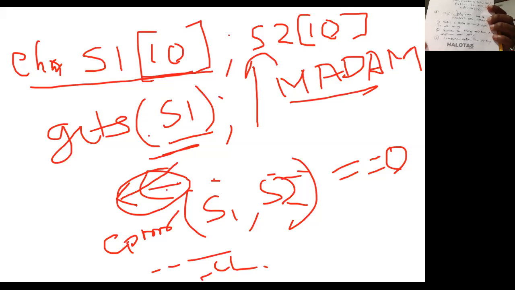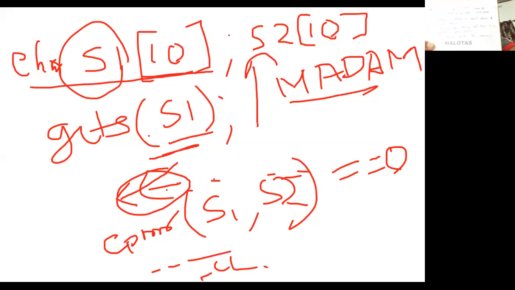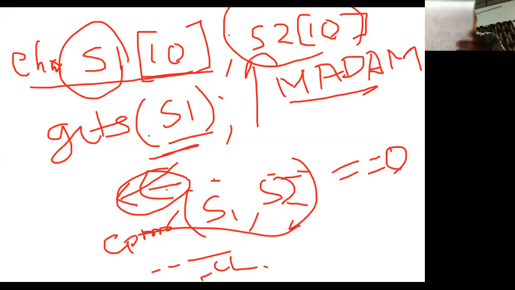Number one: take a string as input, store it in an array. What is the next? Reverse the string and move it into another array. I reverse it and make it S2, and finally I compare. Now the logic for compare, that is called reversing.